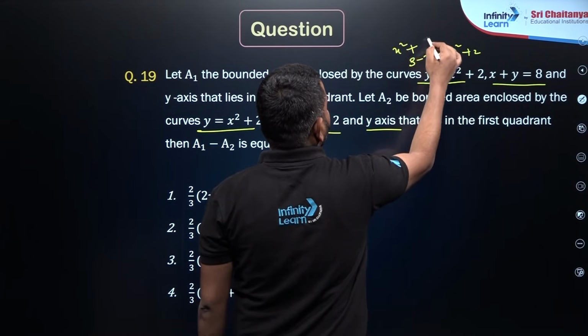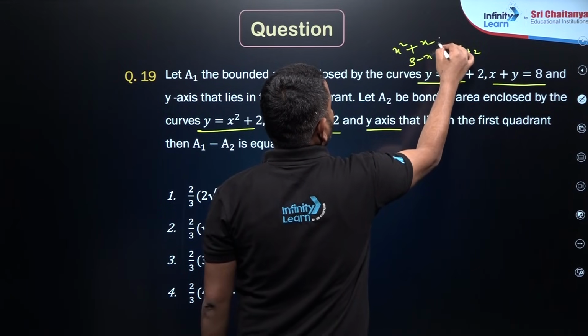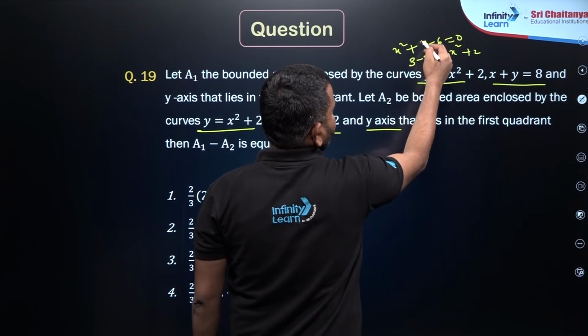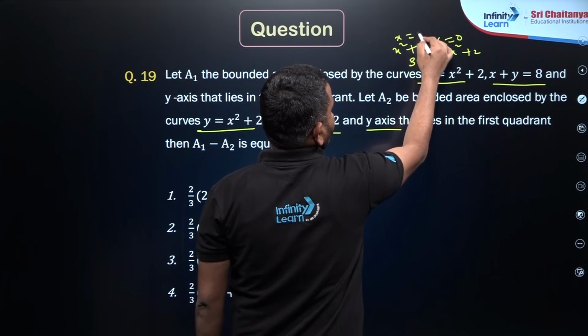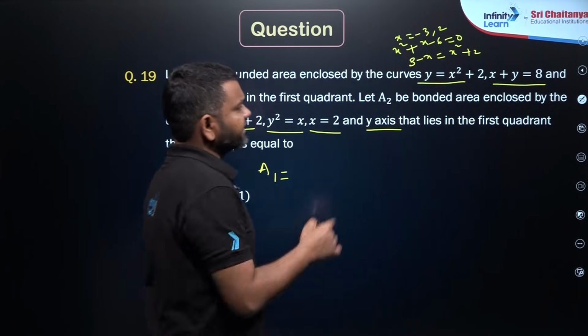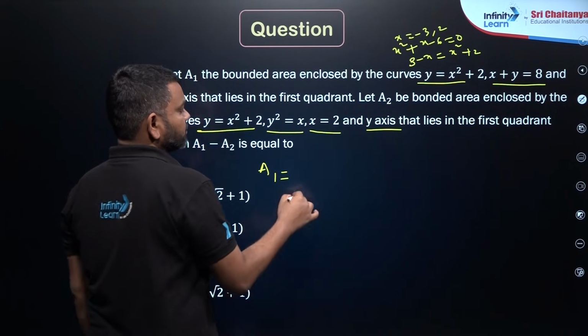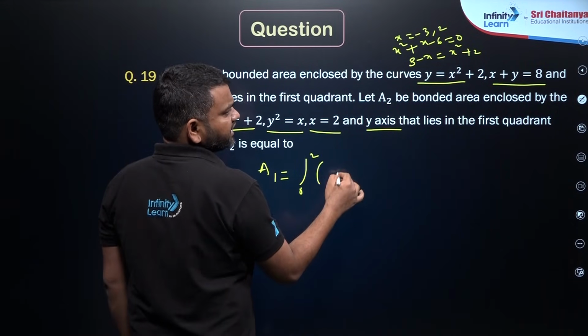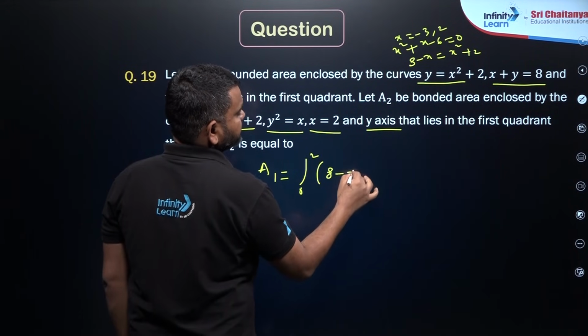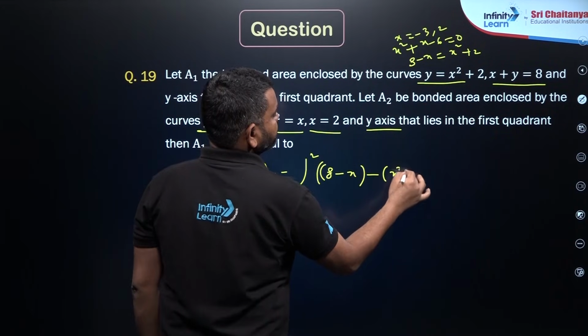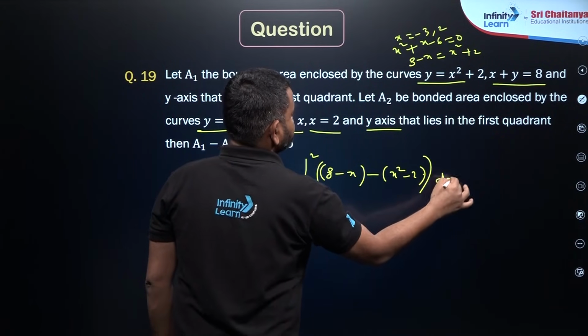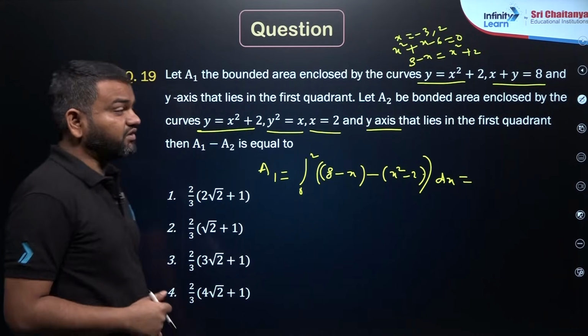So x square plus x minus 6 equals 0. So the x value is going to be minus 3, 2. In the first quadrant they are giving, so 0 to 2 I have to take. The line equation is what? 8 minus x minus x square minus 2 dx. Solve this one, you are going to get the value of A1.